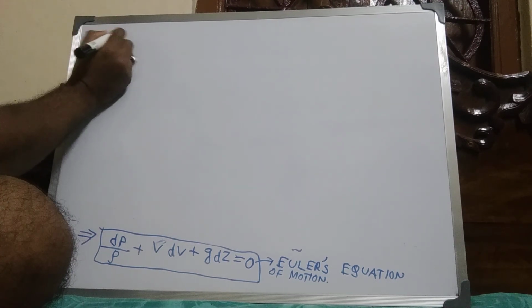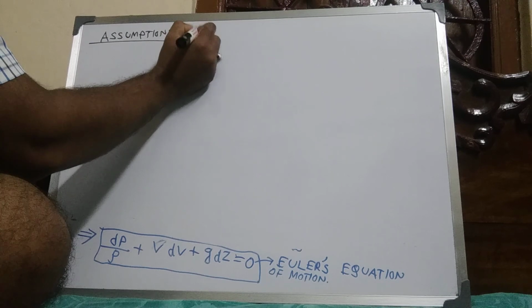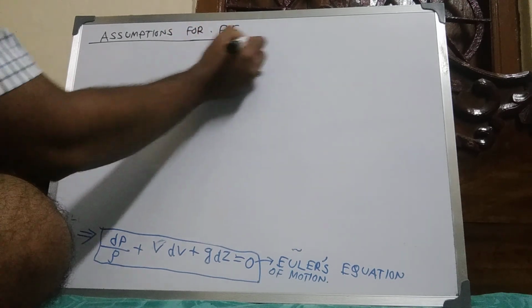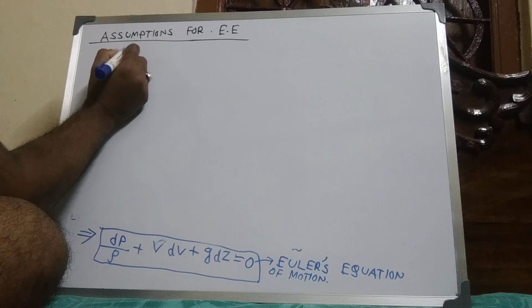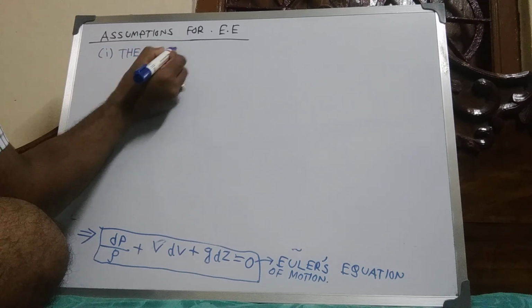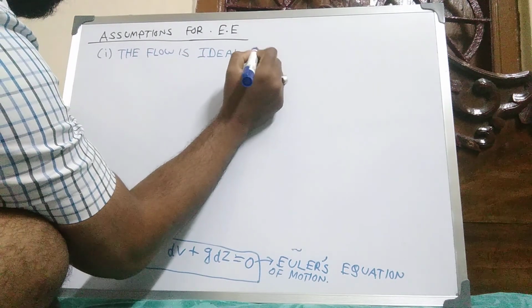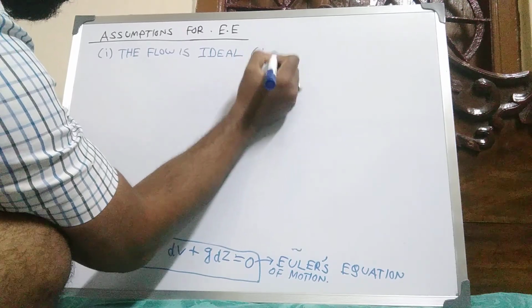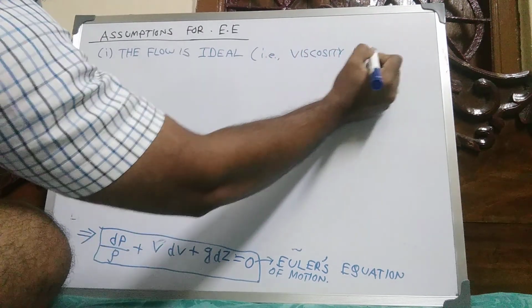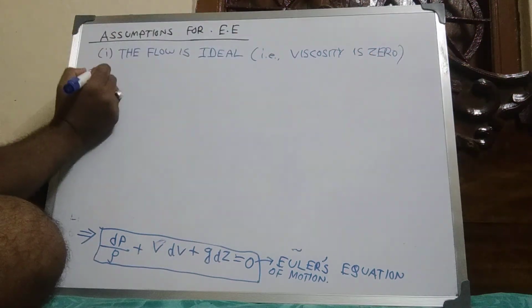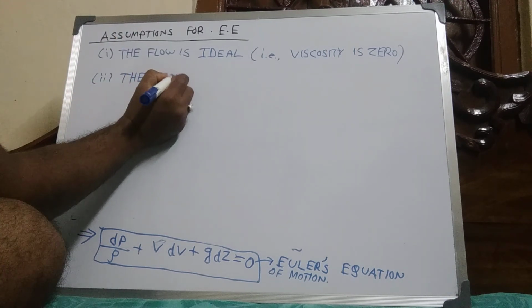So, assumptions for the Euler equation. Number one, the flow is ideal, that is, viscosity is zero. Number two, the flow is steady.